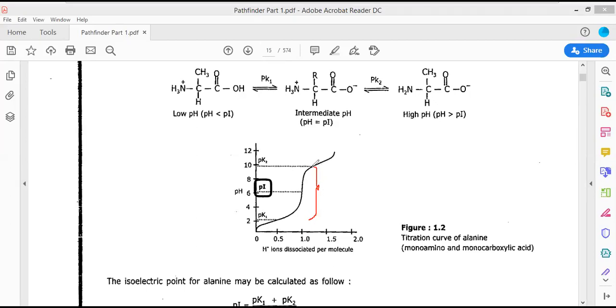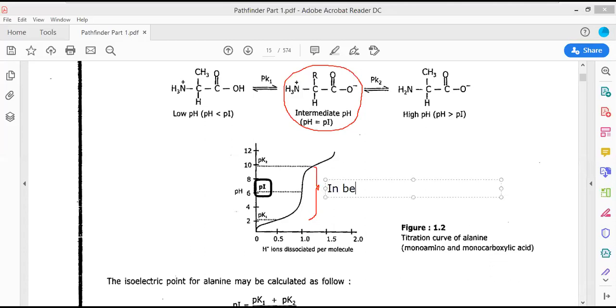In this entire range, the amino acid will be present in the form of a zwitterion. In this particular range, from pK1 to pK2, the amino acid is present in the form of a zwitterion.